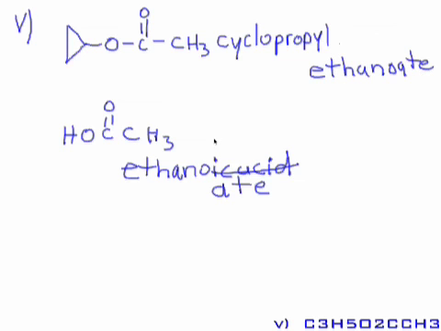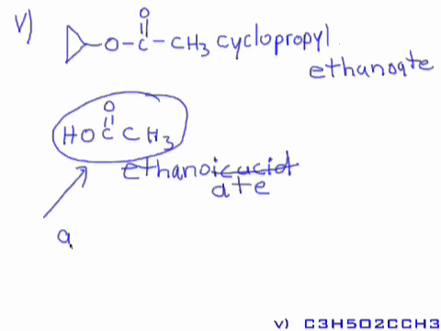All right. What if in this case you were asked for the common name? Well, to get at the common name, you must look at the carboxylic acid. You were told the common name for this molecule. The common name for that carboxylic acid was acetic acid, and in fact you were asked to learn this common name.